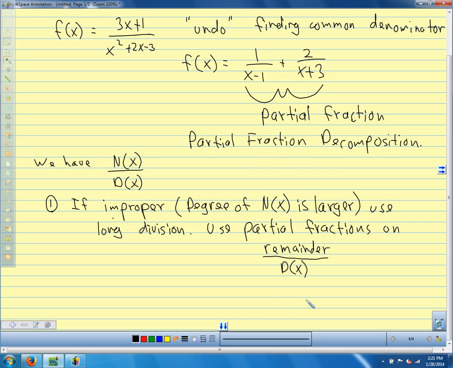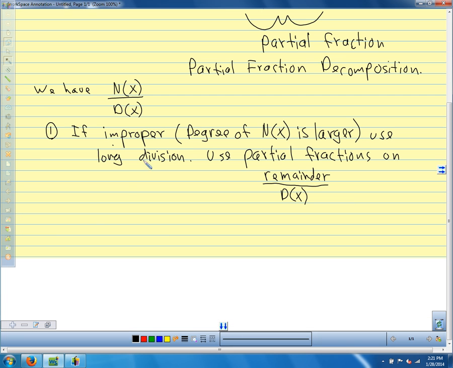So we have to use partial fractions on that piece. So that's a step that, if it's improper, we have to do that first. Our second step, then, is we're going to factor the denominator.